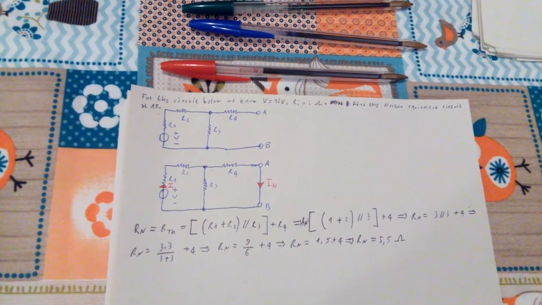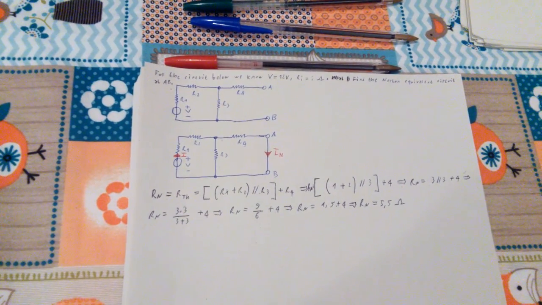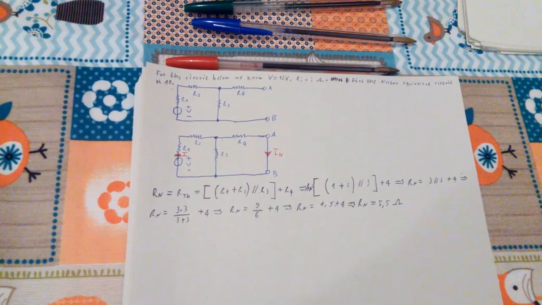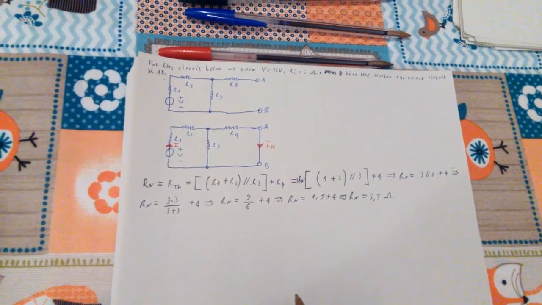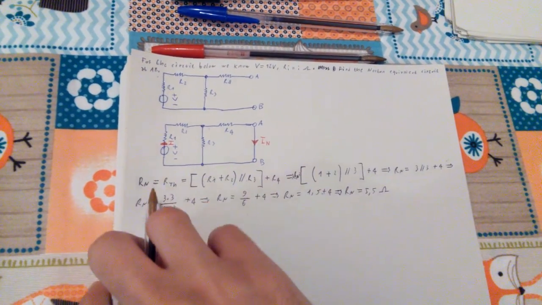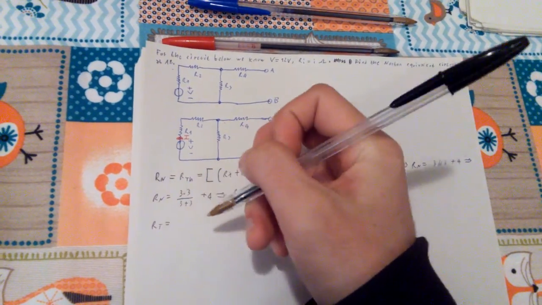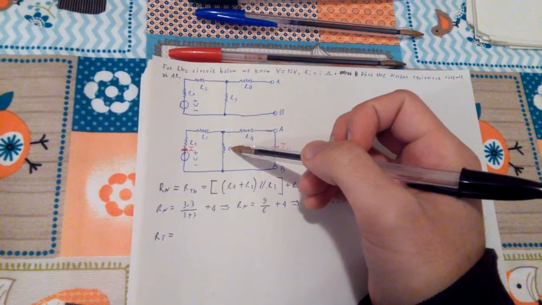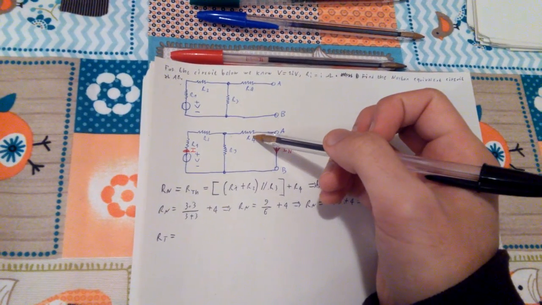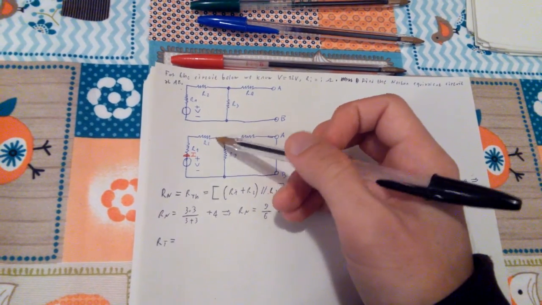Okay, now I also want to find the total resistance, which I'm going to call RT. So RT, in this case, is going to be R3 parallel to R4 plus R2 plus R1.